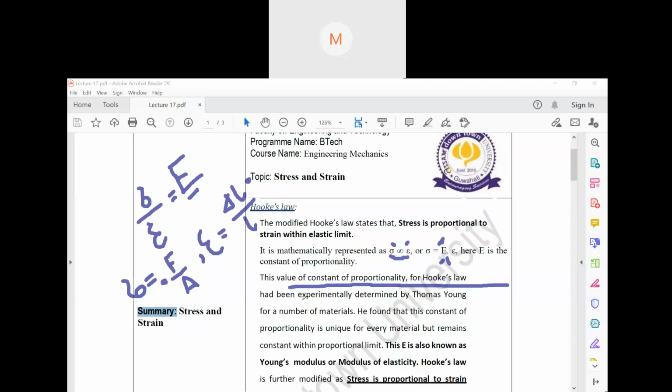Now it has been experimentally determined by Thomas Young for a number of materials. As I said before, these are different for different materials, so it is defined by Thomas Young.